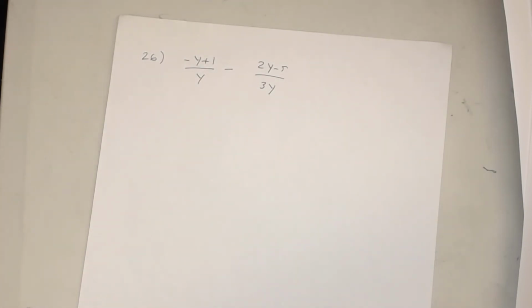Sometimes the LCD is easy to find, sometimes it's not. That one's easy to find. Why is that an easy LCD to find? Because the denominators are monomials, so there's nothing to factor. So what's the LCD? 3y. That's the LCD.